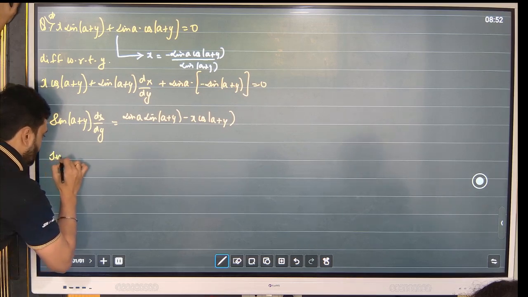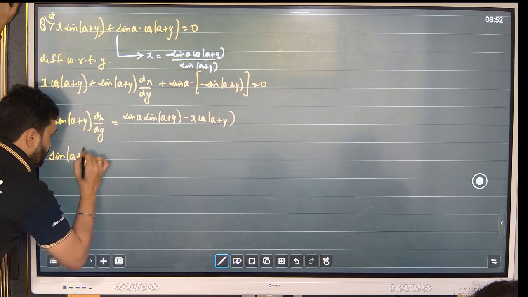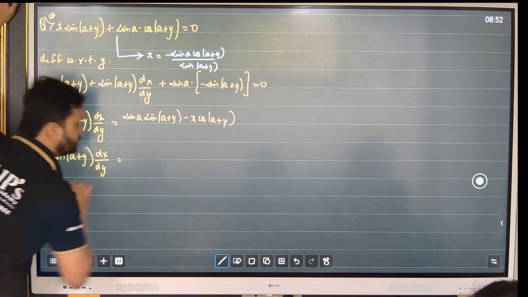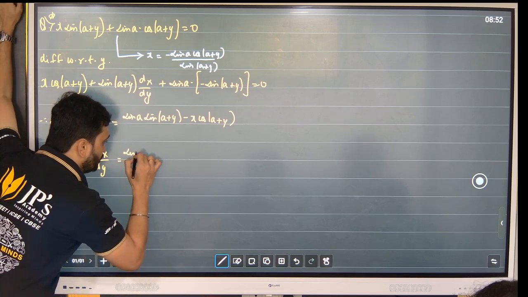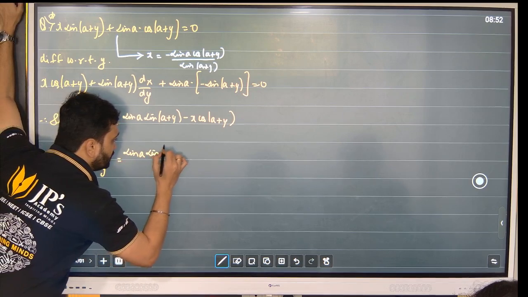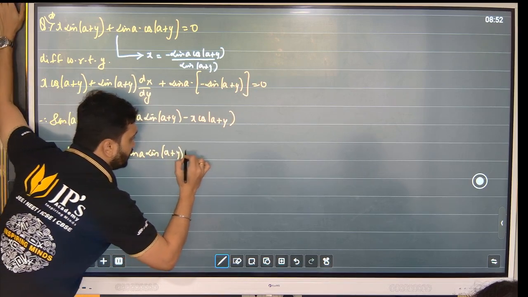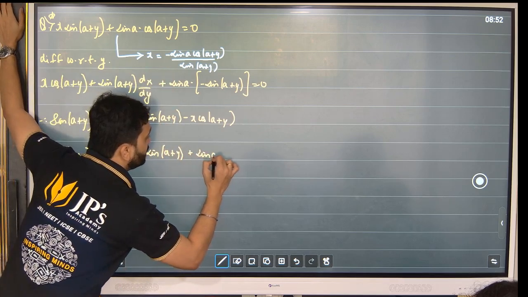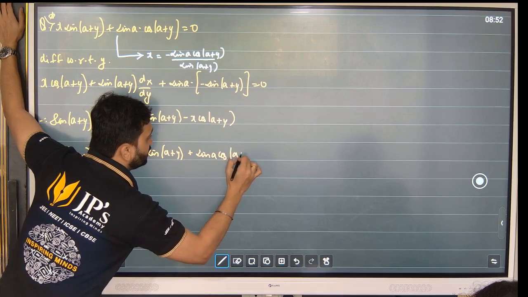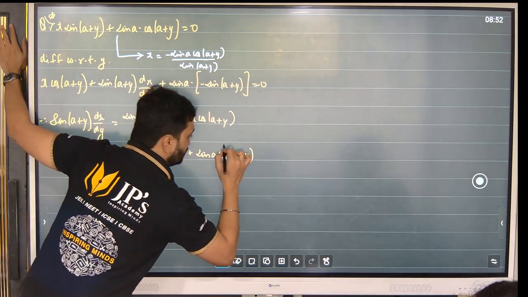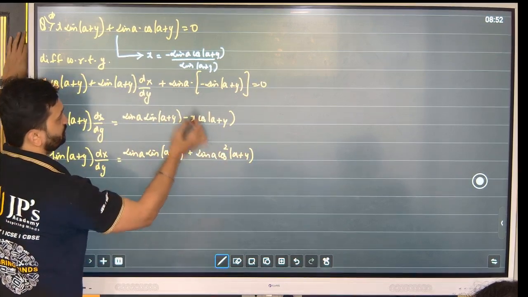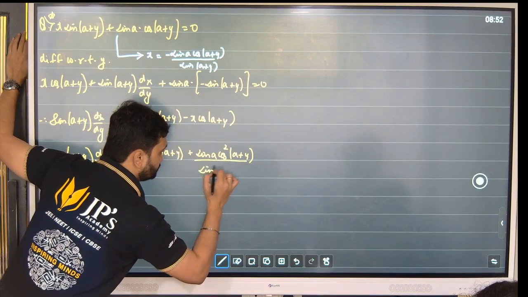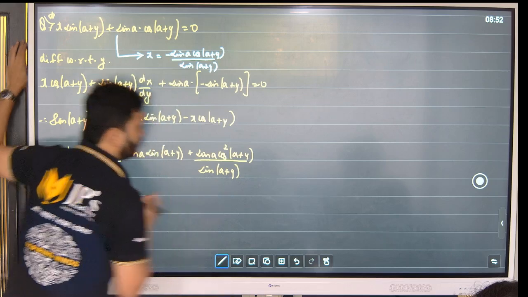Therefore sin(a + y) dx/dy is equal to sin(a + y) minus the value of x, this will become plus sin a cos(a + y) the whole square, because there is already one cos(a + y) and this cos(a + y), upon sin(a + y).